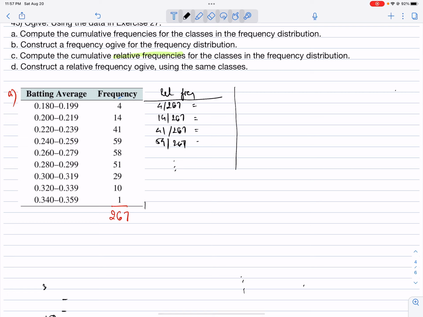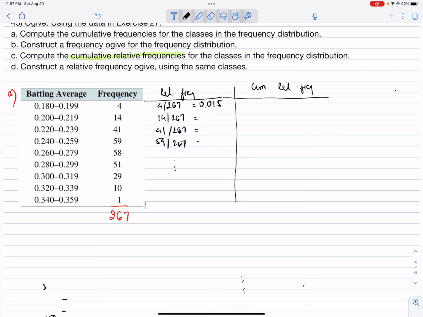And then you want to calculate the cumulative relative frequency. So the first one is, well, let's just divide. So what is 4 divided by 267? It is 0.015, taking 3 decimal places.